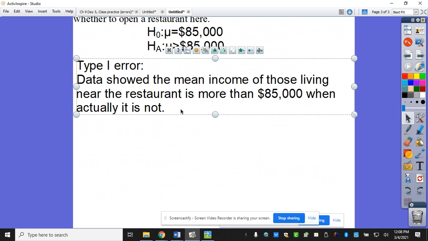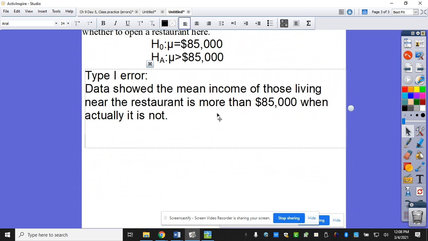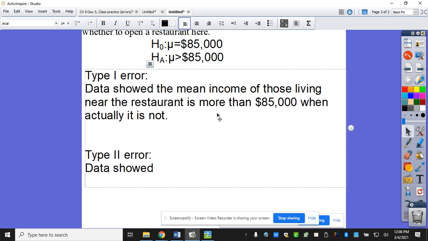So that sets me up for type 2, and I haven't even gotten to consequences yet. Type 2 would be, so data showed something, I'm going to skip that. But actually, the mean income of those, so this is where I am writing the alternative.